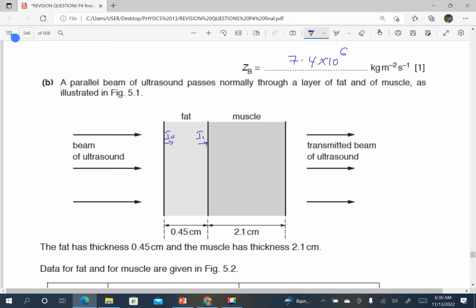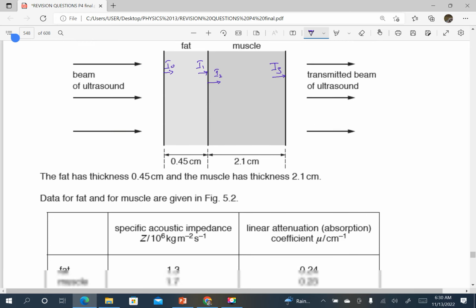The intensity just leaving the fat, the boundary, I will call it I2 because some has to be transmitted through the boundary. And the intensity which arrives at the other end of the muscle, I may call it I3. Okay. So the fat has thickness 0.45 and the muscle has thickness 2.1.